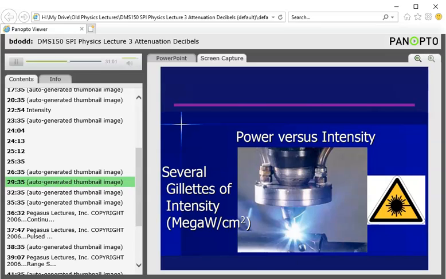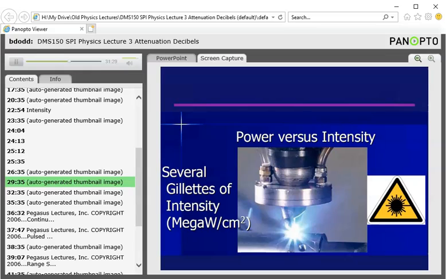Okay, now because of this factor that power is proportional to amplitude squared, remember just a few minutes ago I showed you 10 log of the final intensity over the initial intensity. We saw that.